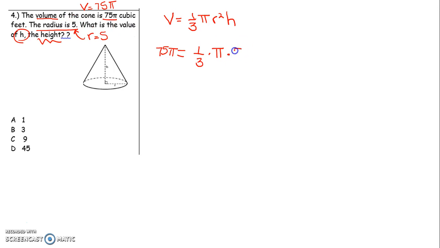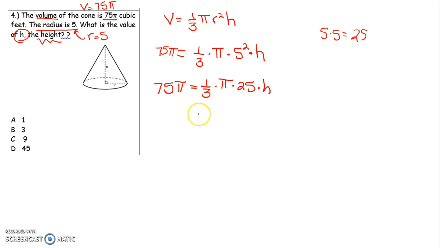R is 5, so 5 squared times H, which I leave. I'm going to simplify here first. So this is 75 pi equals 1/3 times pi times 5 squared, which means 5 times 5. That's 25 times your height.